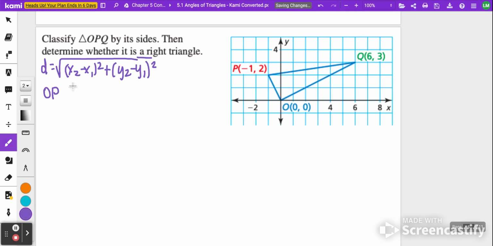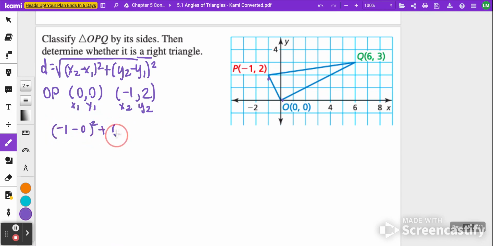And OP has 0, 0 and -1, 2. So that's going to connect from here to here. So if we want to do x2 minus x1, first we want to name our points. So I have -1 minus 0 squared plus 2 minus 0 squared.